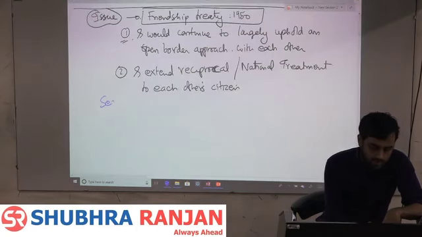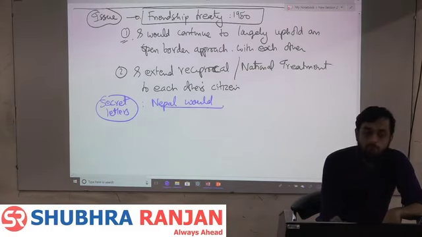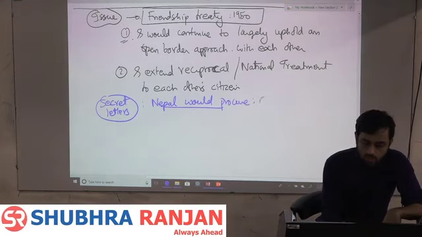The secret letters associated with the friendship treaty said that Nepal would procure what? Its arms from India.